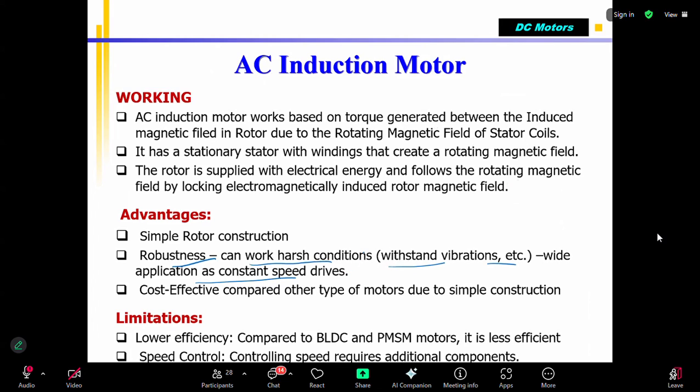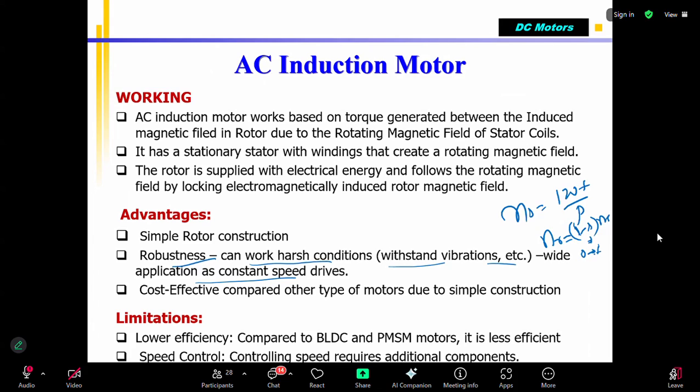Correct. Induction motor is a constant speed motor because we know that Ns equal to 120 F divided by P. Ns, synchronous speed, equal to 120 F divided by P, and Nr equal to, what is Nr? (1 minus S) into Ns, where S is called slip. Slip varies from 0 to 1, depending upon rotor design and the load on it.